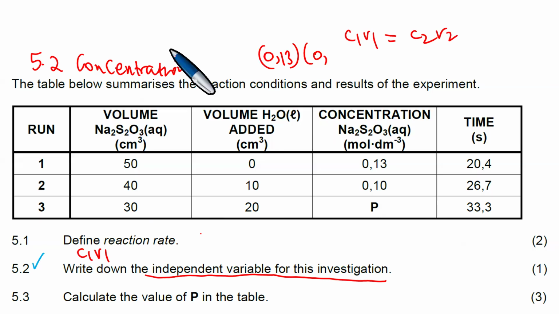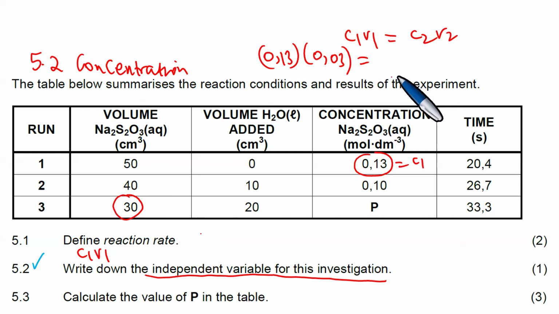If we say C1, concentration 1, we take 0.13, and then we consider volume 1. Volume 1 is these 30 divided by 1,000, which gives 0.03.